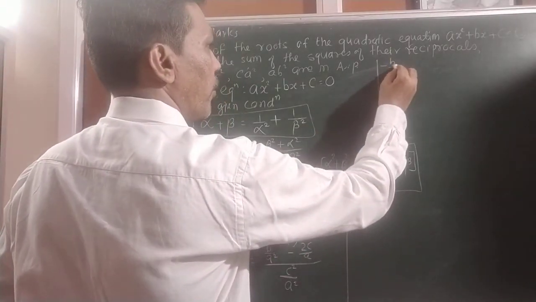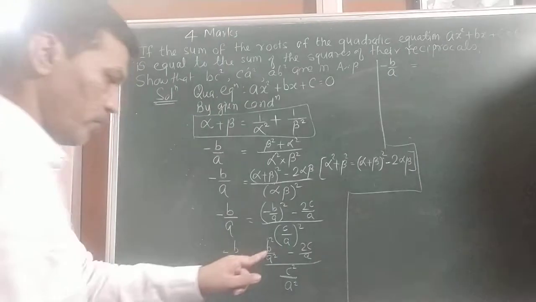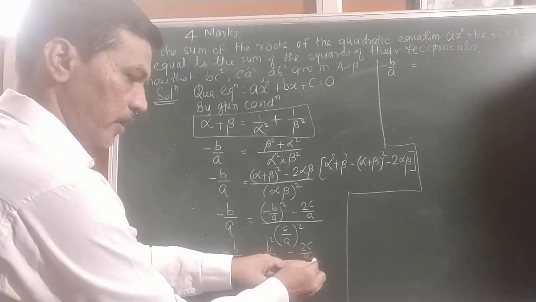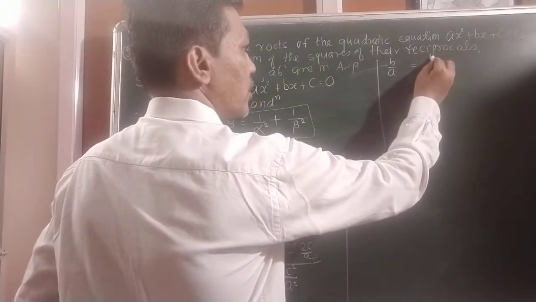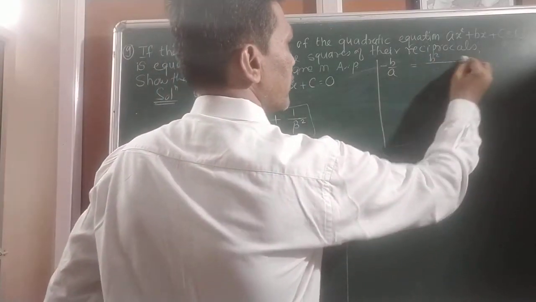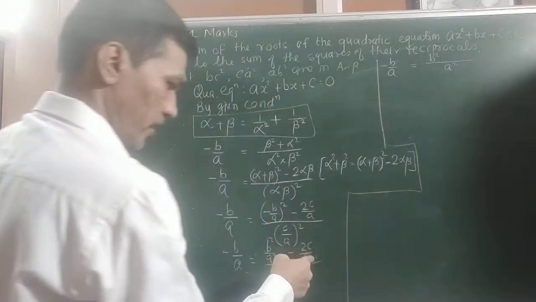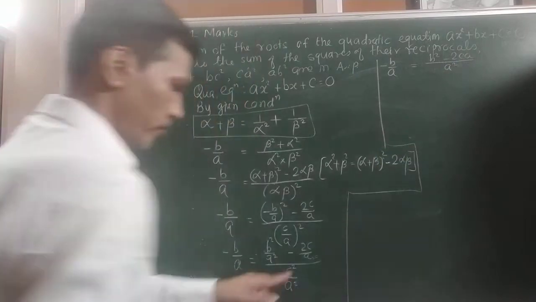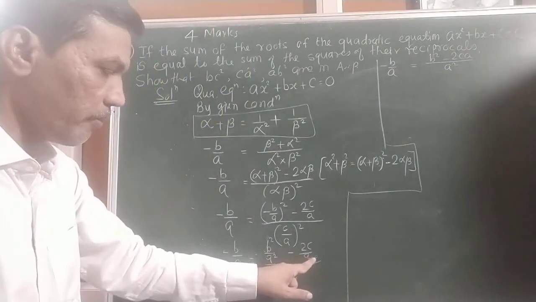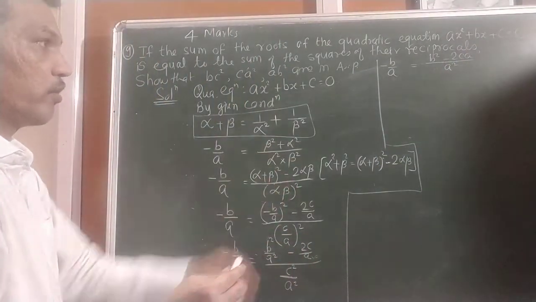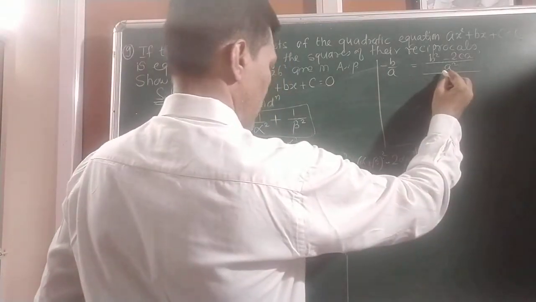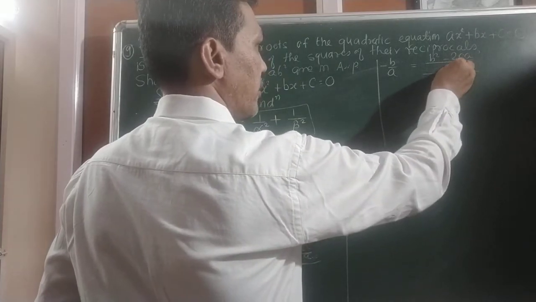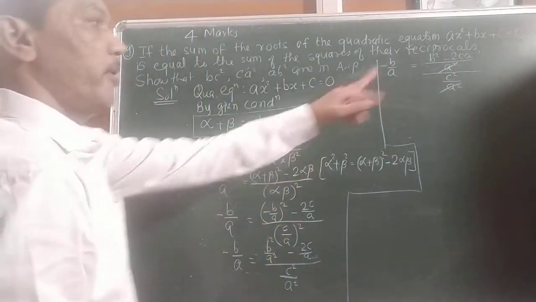So minus b upon a is equal to, making the denominator equal: here a square, here a, so multiply by a, so it becomes b square minus 2ca over a square, divided by c square upon a square. Now you know the mathematical steps: a square cancels, denominator cancels.